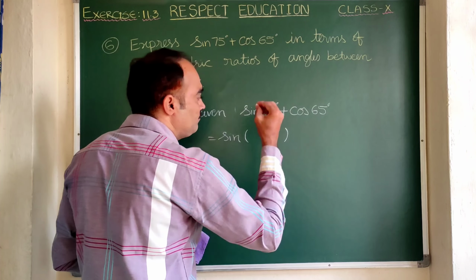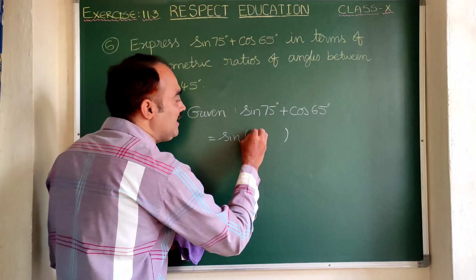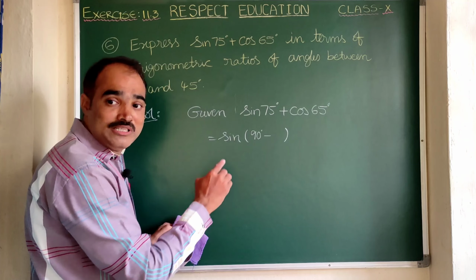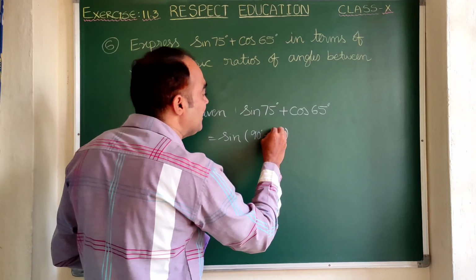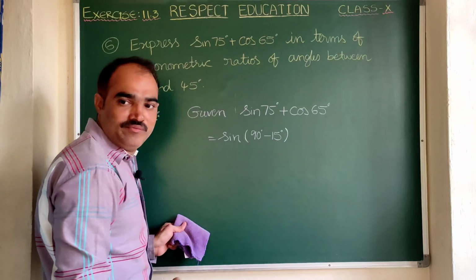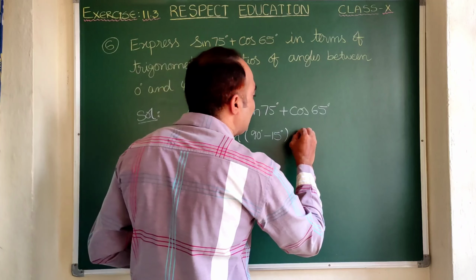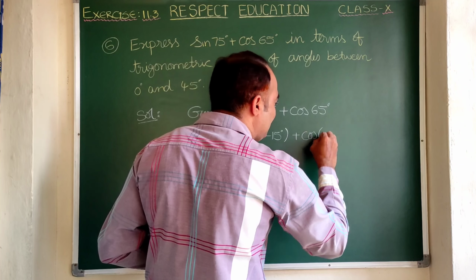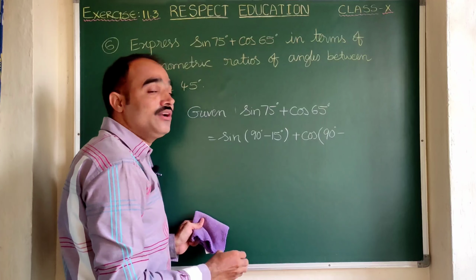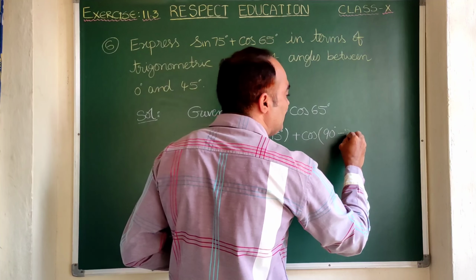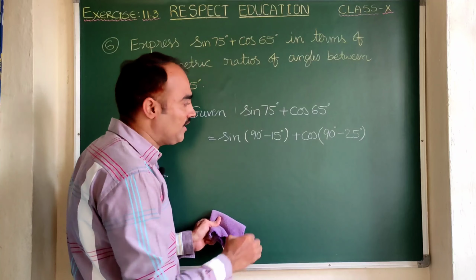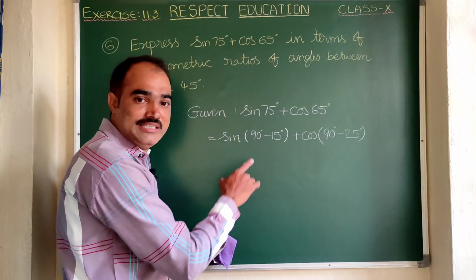Sin of 75 degrees can be written as 90 degrees minus, how much is that? 15 degrees. 90 minus 15 is 75. Now here let us write the cos as it is. 65 degrees can be written as 90 degrees minus 25 degrees. 90 minus 25 is 65. Is there any doubt in this step?